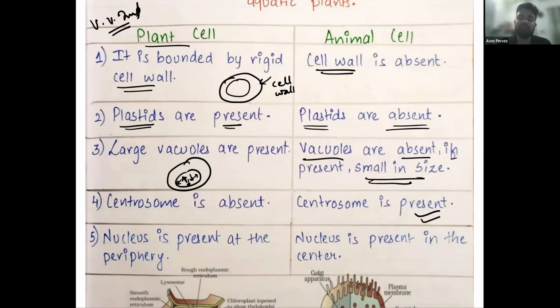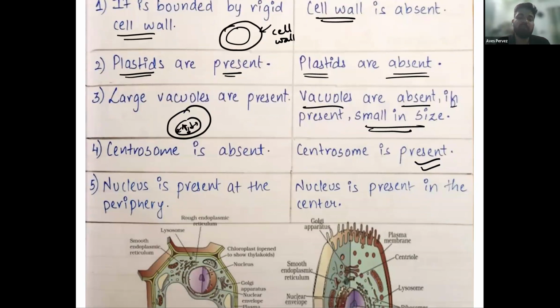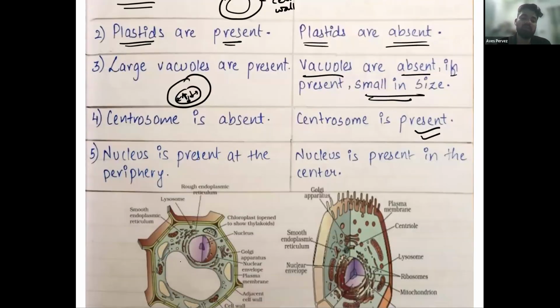The next one is that the nucleus is present at the periphery. Here in the plant cell, the nucleus is present at the periphery, meaning at the side. But in the animal cell, the nucleus is present at the center. In the plant cell there is a large vacuole present, and because of this large vacuole, the nucleus comes to the side, at the periphery.